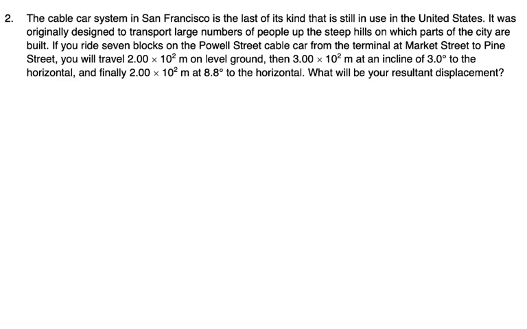All right, so you can go through, do the same thing for another problem. So I'm going to draw my picture first. So we go along. We have 200 meters horizontal. And then it goes up a hill. And that's 300 meters. And the angle is 3 degrees.